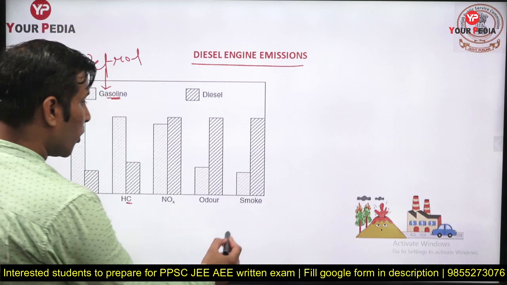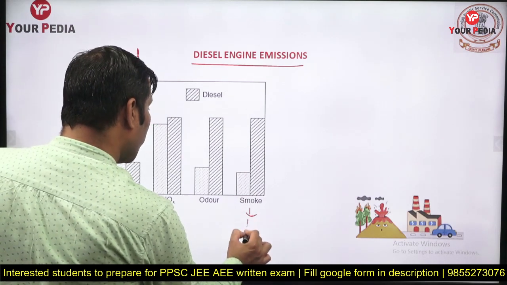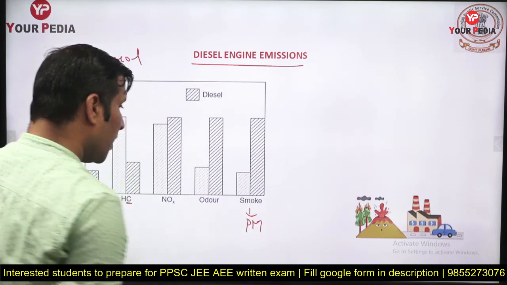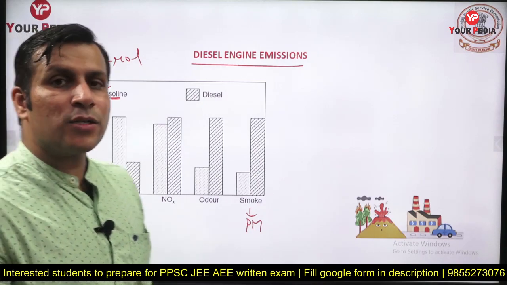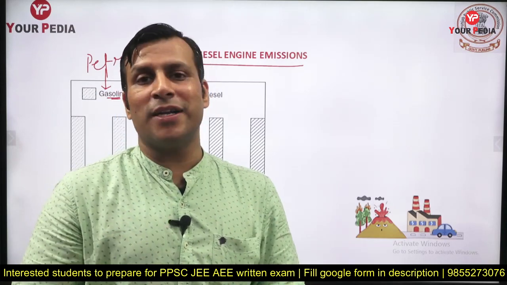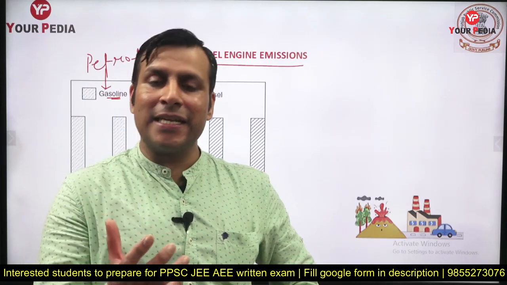But if you talk about the smoke, if you talk about particulate matter pollution, guys, you know, diesel is not a refined fuel. Petrol is more costly because it is a very much refined fuel. Diesel is not a refined fuel, so in diesel there are so many substances present.